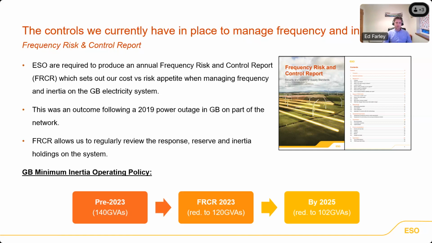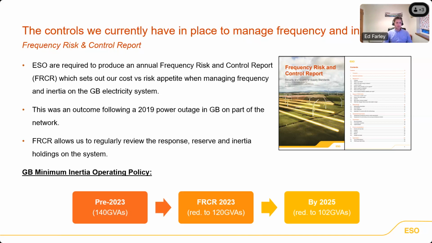And this report sets out our cost versus risk appetite when managing frequency and inertia on the GB electricity system. So we undertake modelling every year to predict, model, forecast, simulate frequency disturbances on the grid under different scenarios. Those different scenarios include different levels of inertia, different levels of response, different size of largest loss.